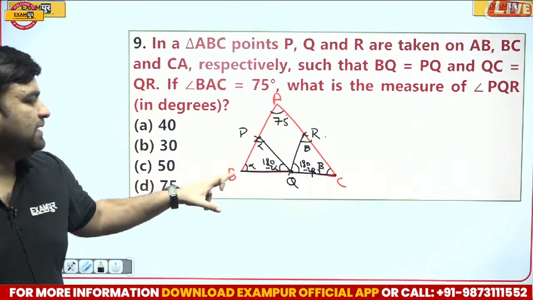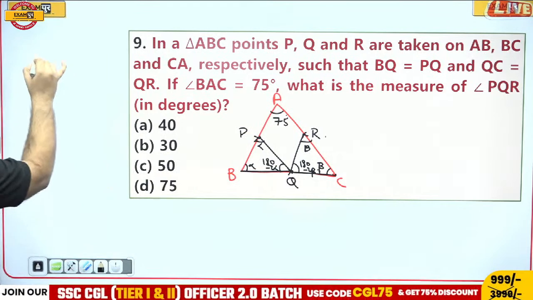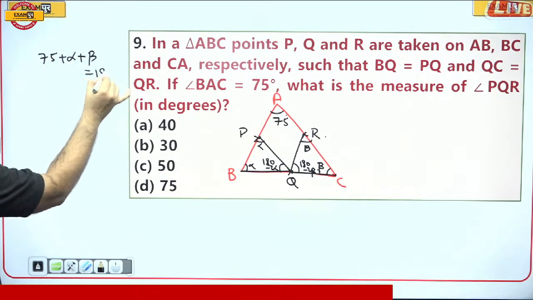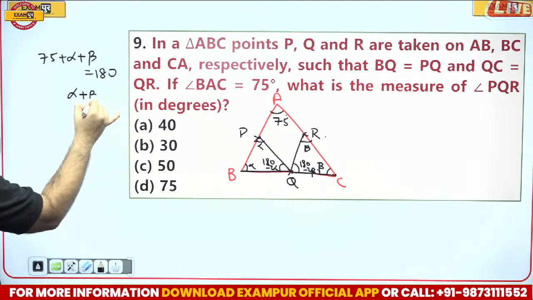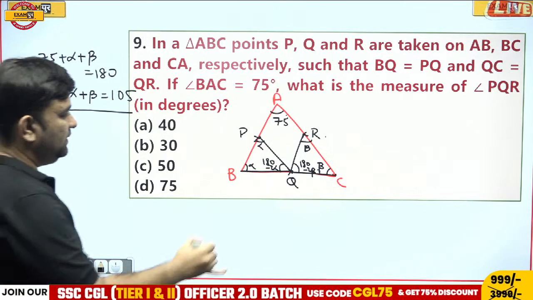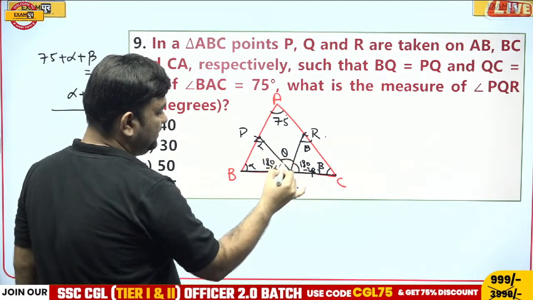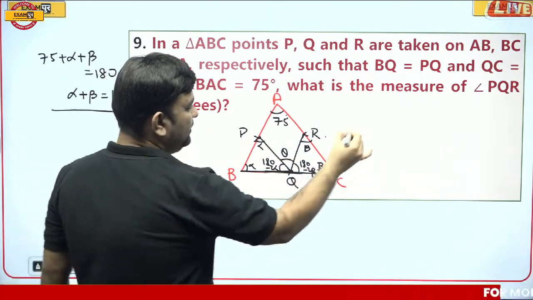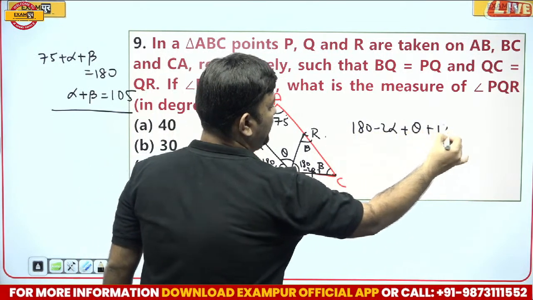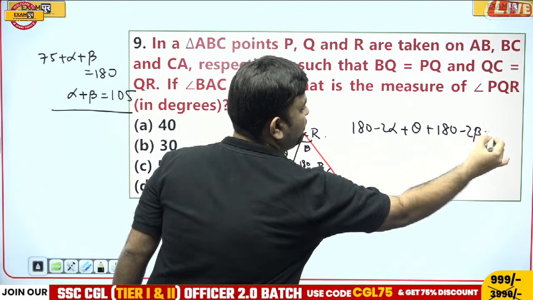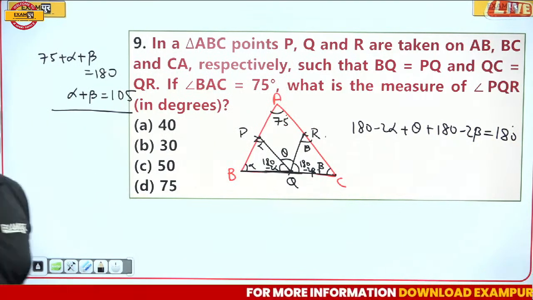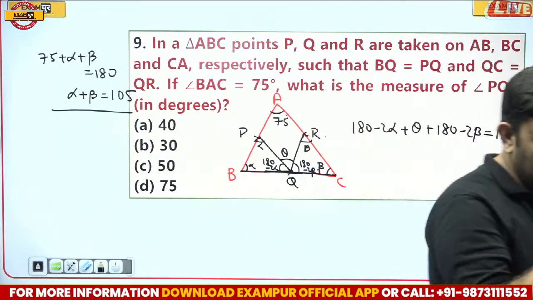So 75 plus alpha plus beta is 180. So alpha plus beta is 105. Assume this angle as theta. It's a straight line: 180 minus 2 alpha plus theta plus 180 minus 2 beta is 180, because it's a straight line.